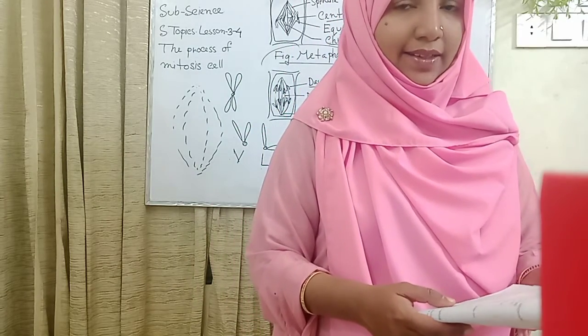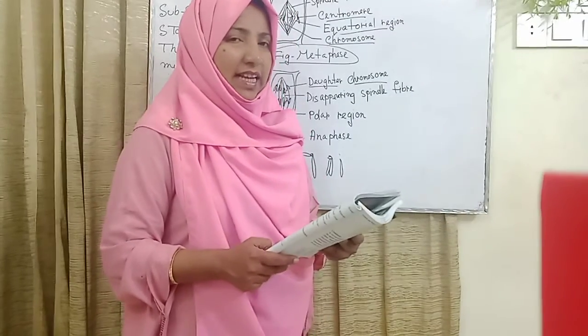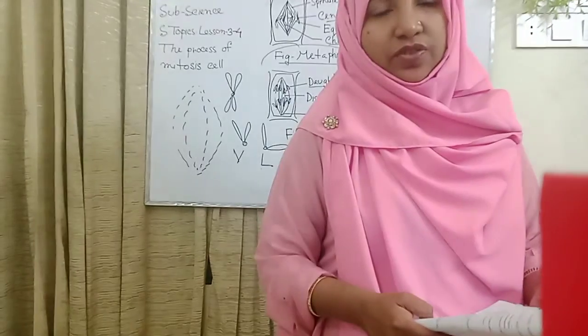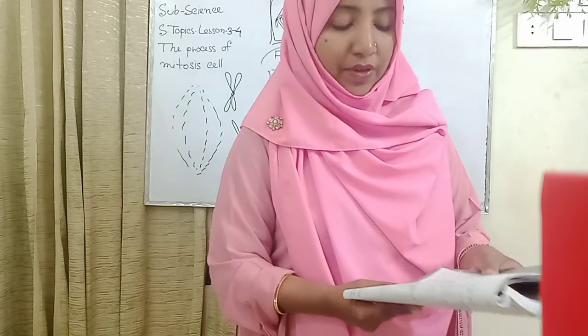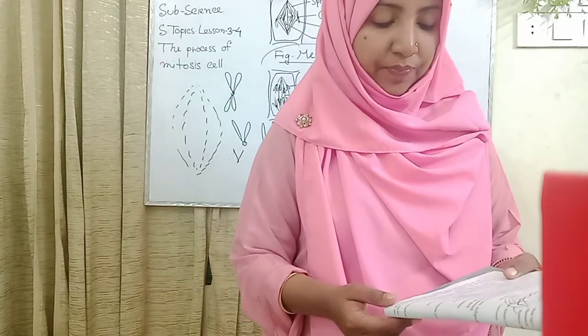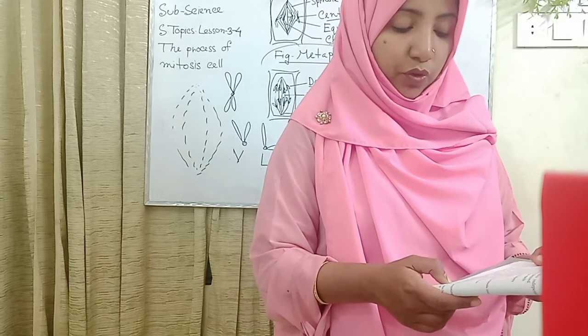Now the next structure is the telophase. Basically, I just explain the telophase. In the next class, I will draw the telophase and the formation of the cytokinesis. My dear students, again I repeat, in the telophase stage daughter chromosomes reach their opposite poles.